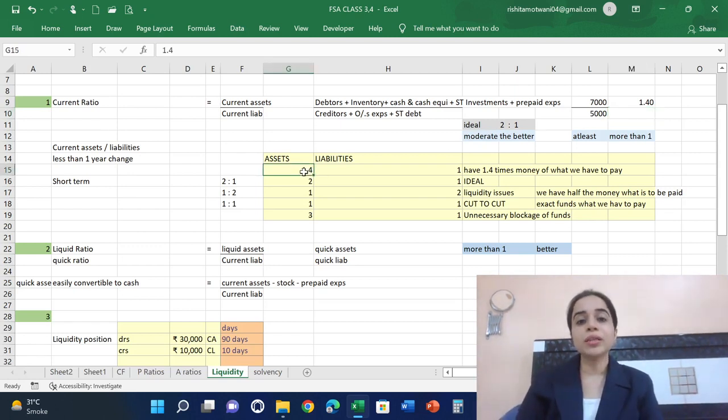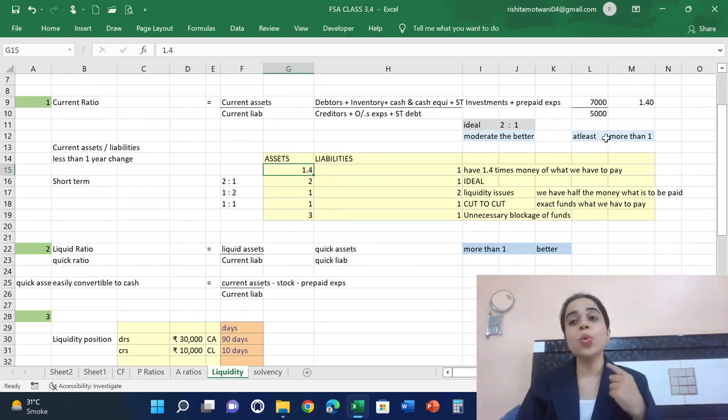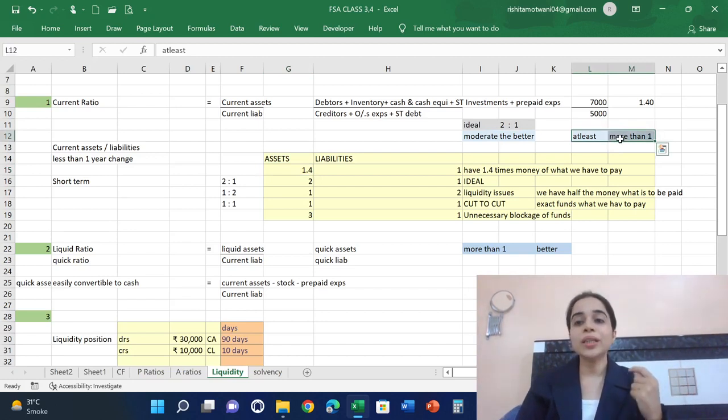When you get the answer 1.4, that means the company has 1.4 times the money, which is more than 1. So when you get an answer more than 1, the company is comparatively stable and has comparatively liquid assets to repay its liabilities.